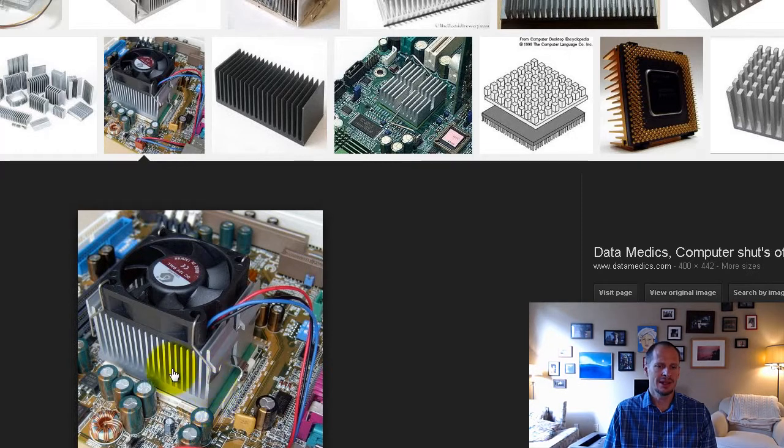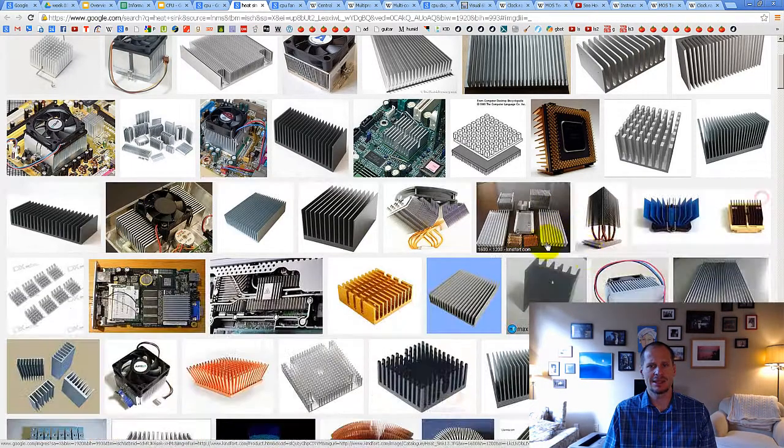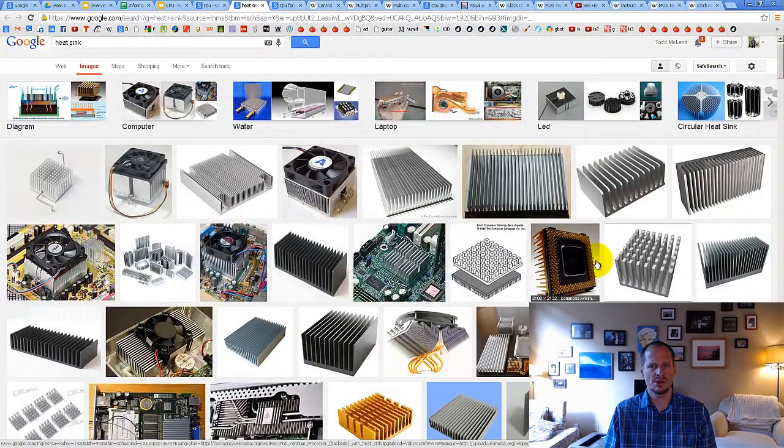So the heat sink is some sort of material which conducts heat, and the CPU gets hot, and then this metal sitting on top of it gets hot, and this fan blows air down through these openings in the heat sink, those little canyons, those slats, and that air gets hot, conducting the heat away from the metal. So the metal conducts the heat away from the CPU, and the air getting blown through the metal conducts the heat away from the metal. And that's how the heat sink works in conjunction with the fan to help keep the CPU cool.